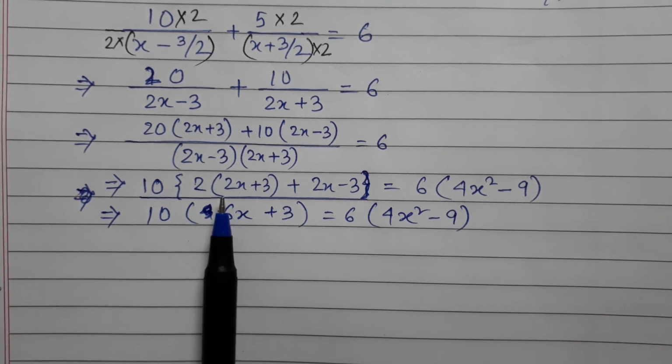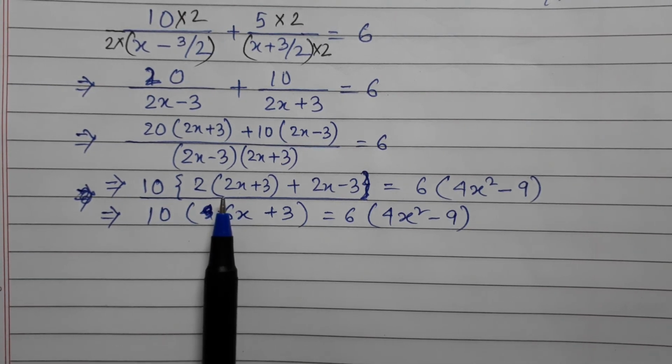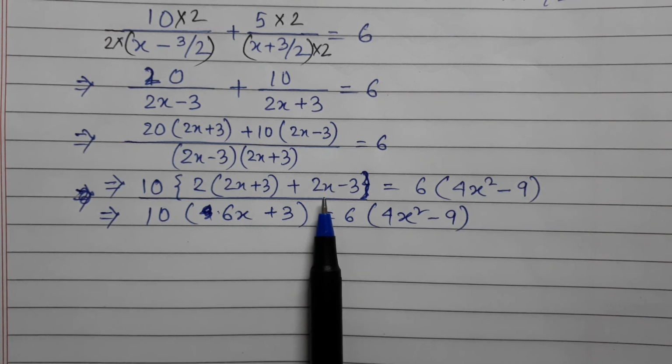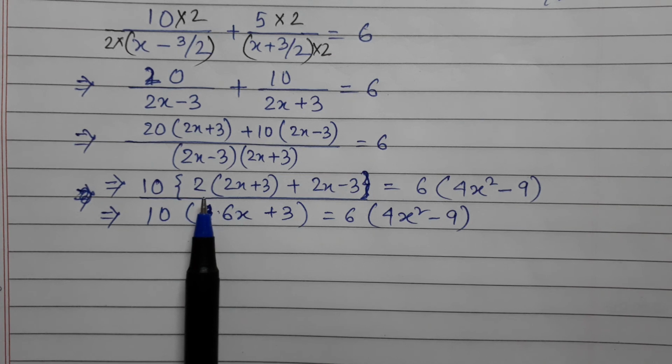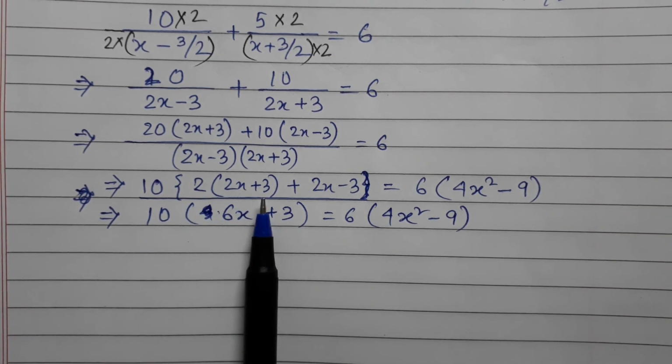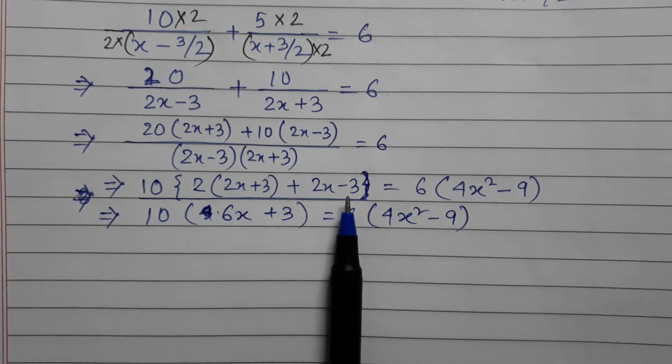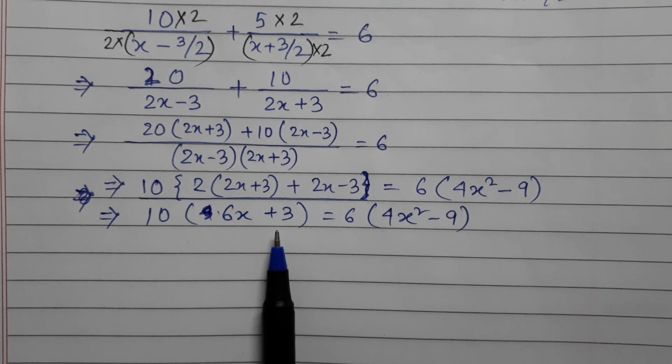Here we have added 2 into 2x, that is 4x, with this 2x will give 6x, and this 2 will multiply with this 3 will give 6, then minus 3 will give 3.